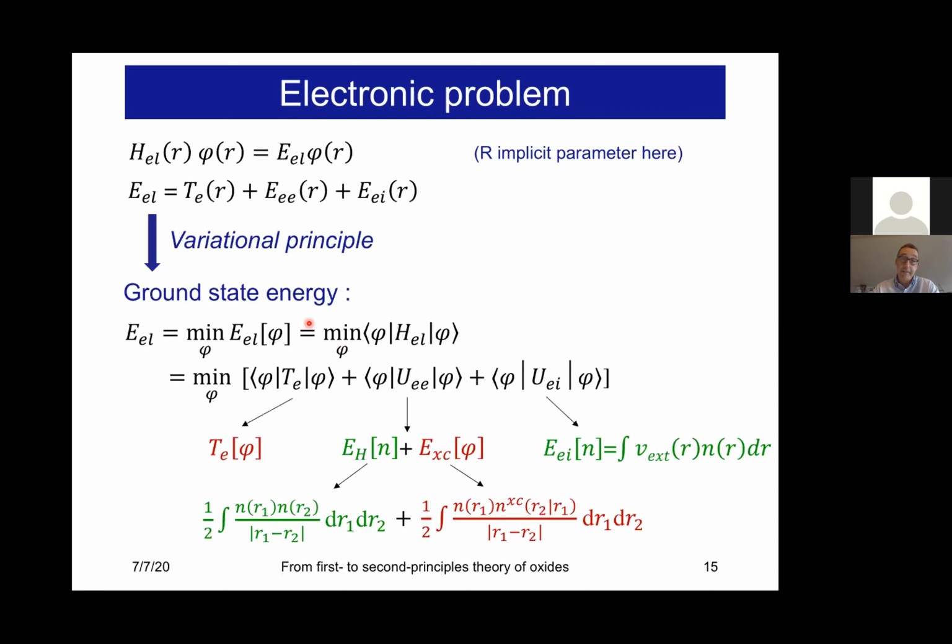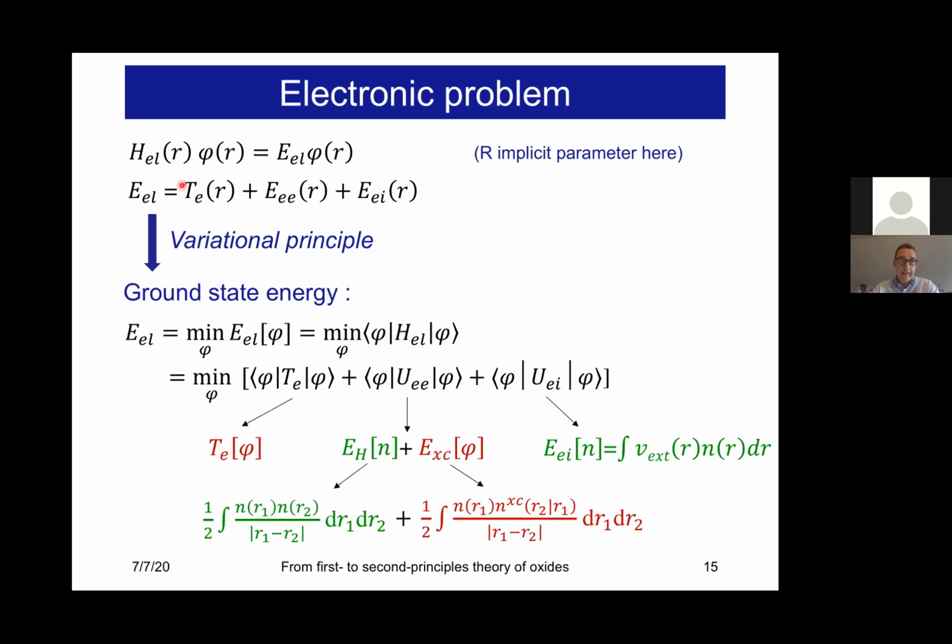And this is related to the fact that the expectation value of an operator can never be smaller than the lowest eigenvalue. And so if you minimize this, you will find the ground state energy of your system.